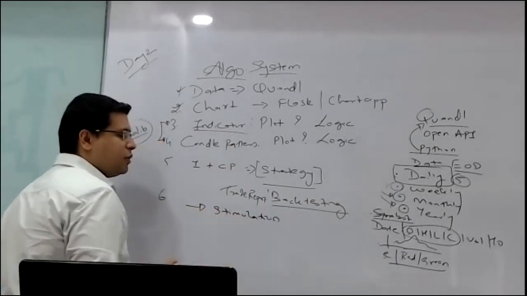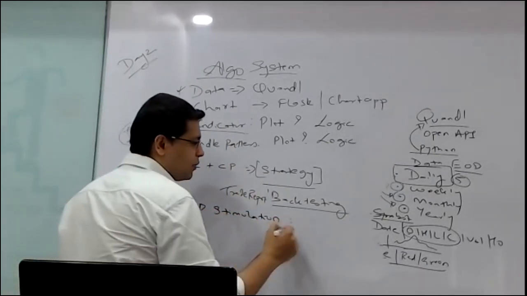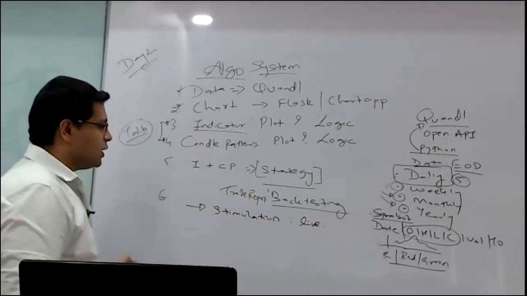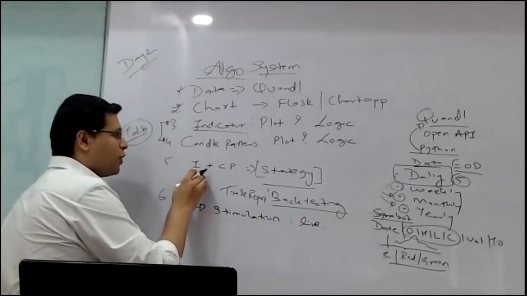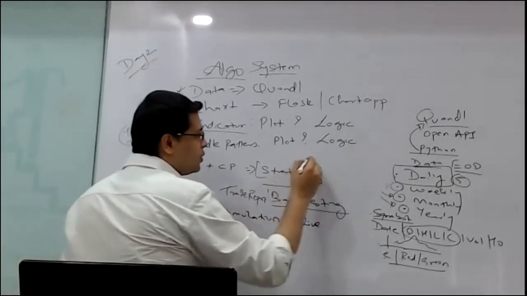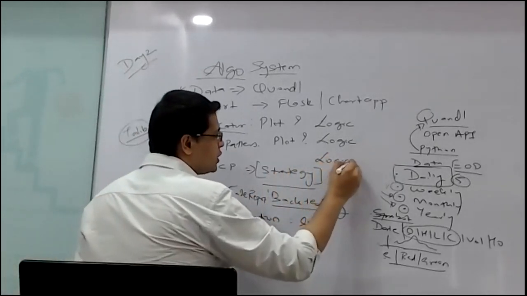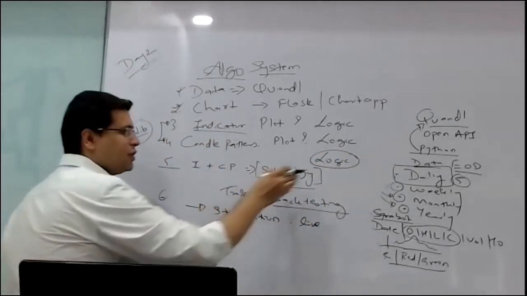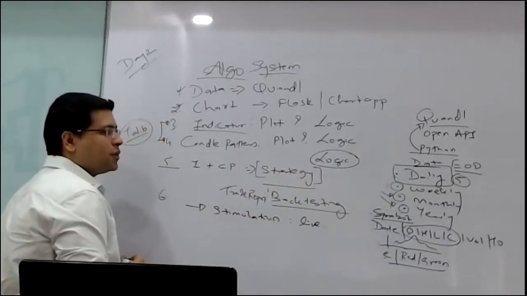Simulation can only be done if you connect it to the live environment, and going forward, you go into the live market. So this format of steps 1, 2, 3, 4, 5 will help you devise your logic for the strategy engine. That is the first and foremost output that you need.